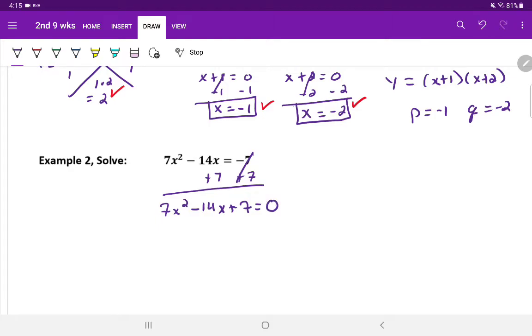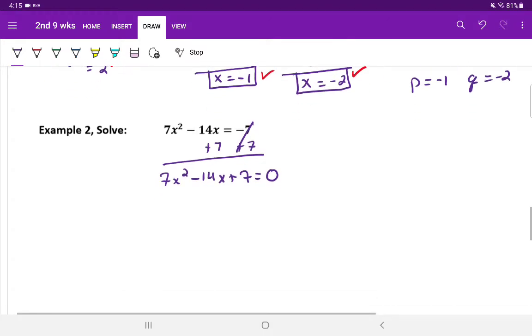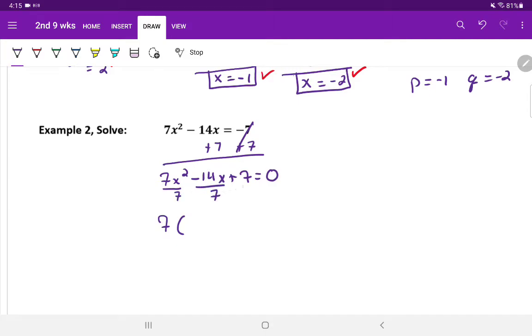Now the next thing, step 2, check for a GCF. There is a GCF there. Let's factor out a 7. There's not an x in every term, so we can't use the x. Divide each term by 7. The 7's divide out, you get x squared. 7 goes into -14 -2 times, so we get minus 2x.